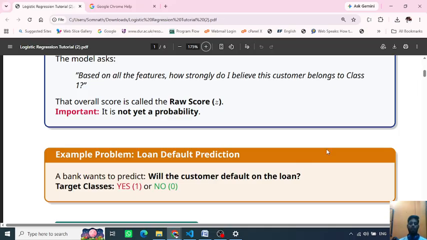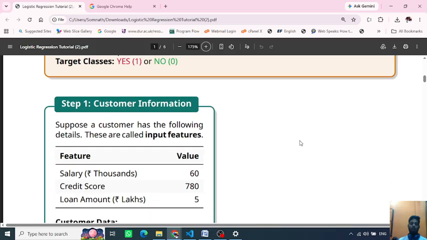Here in the loan default prediction, a bank wants to predict: will the customer default on the loan, yes or no? This answer we want to get from the logistic regression model. Yes means 1 and no means 0. Now the customer information part.